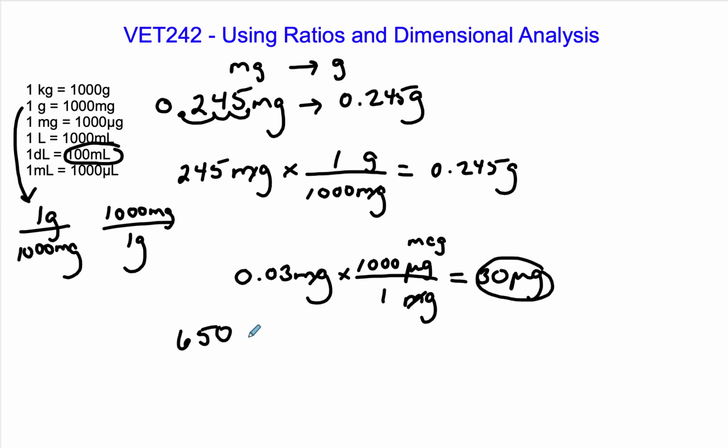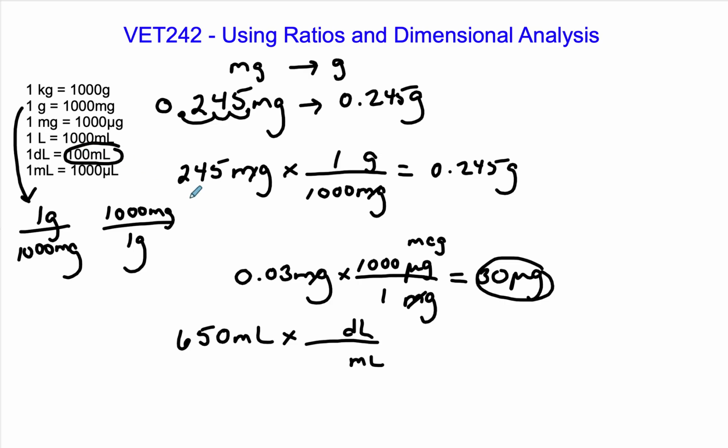So let's say that we have 650 deciliters. No, that's going to be crazy big. Let's go the other way. Let's say that we have 650 milliliters, and we need to figure out how many deciliters that is. So in this particular case, we want the milliliters on the bottom, the deciliters on top.